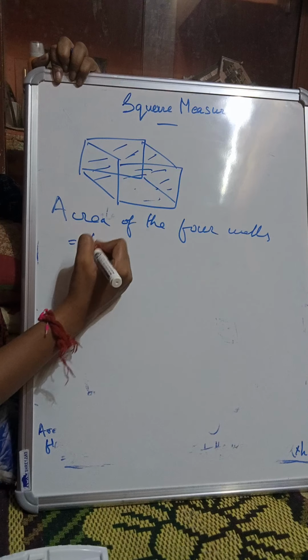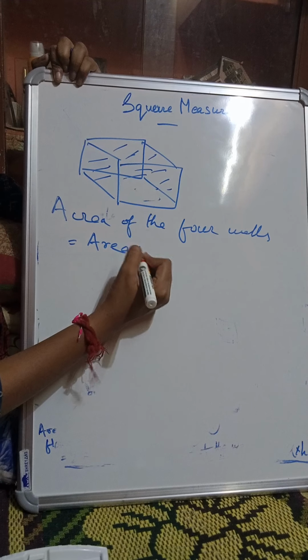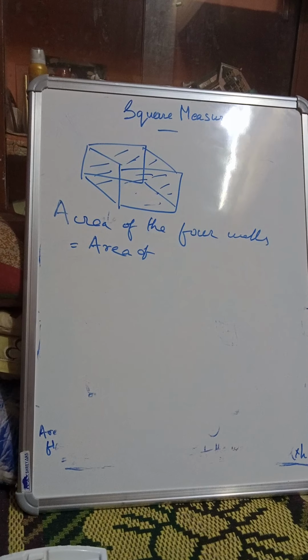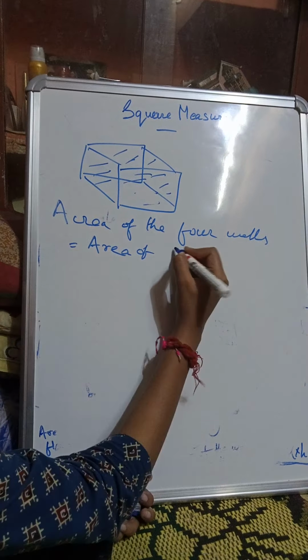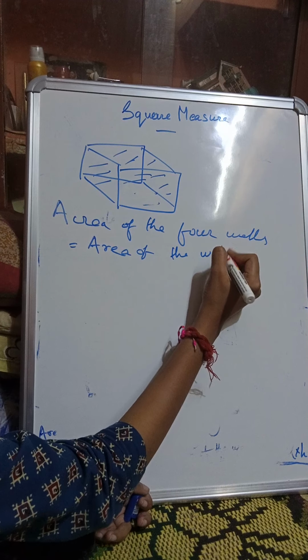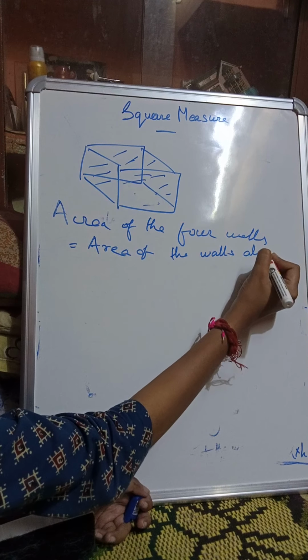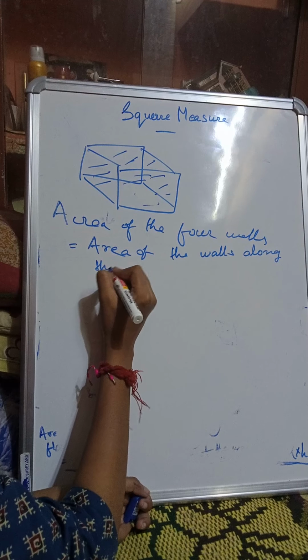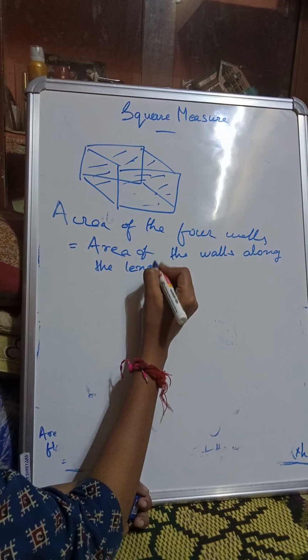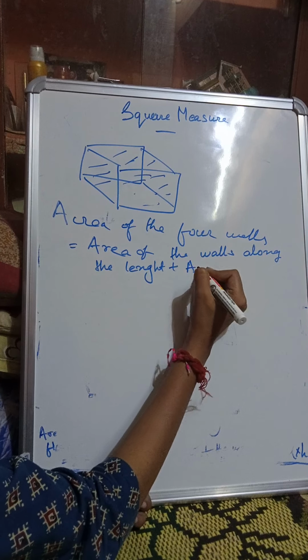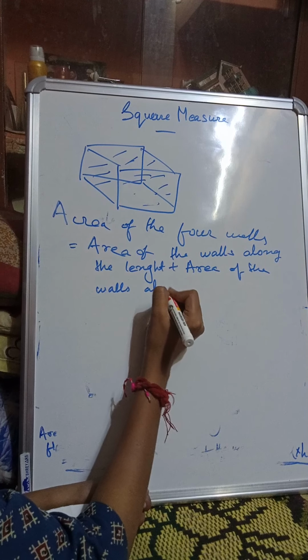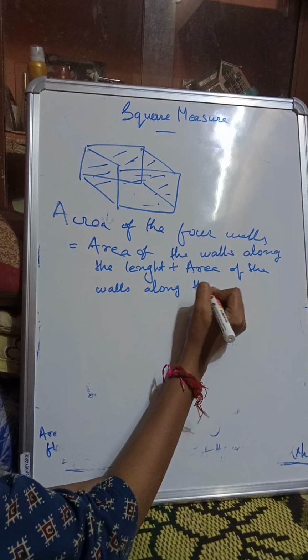Area of the 4 walls will be the area of the walls along the length plus the area of the walls along the breadth.